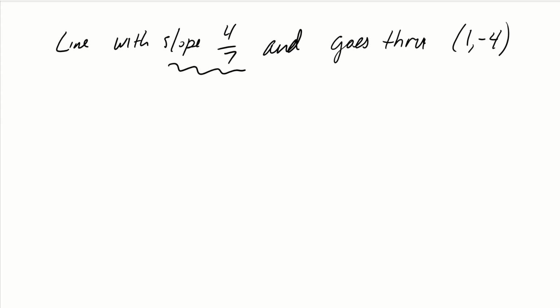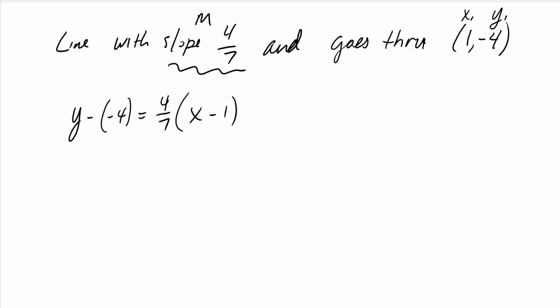So I have a slope, that's m. Here's x1, y1. So y minus y1 is equal to m, so 4/7 times the quantity x minus x1, which is 1.